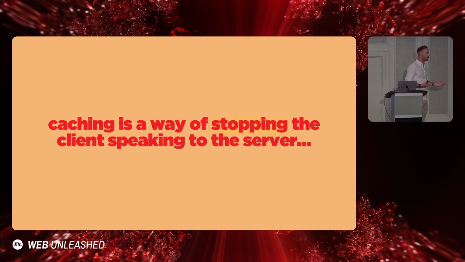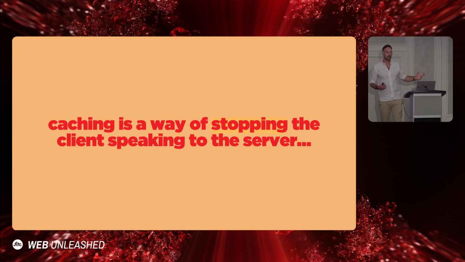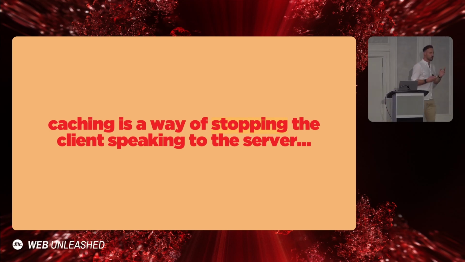Caching is a way of stopping the client speaking to the server. So you have to accept that if you've told a file to be cached for a week, but you change it after 1 hour, a user might see the old file for 6 days and 23 hours. If you pick a caching strategy, you are opting into potentially serving stale content, and that's why it's so important to be very mindful of the numbers you choose.